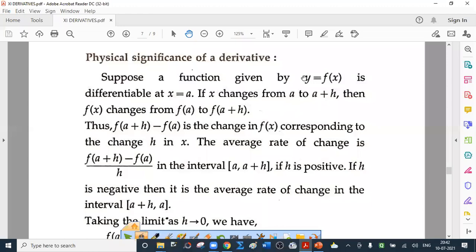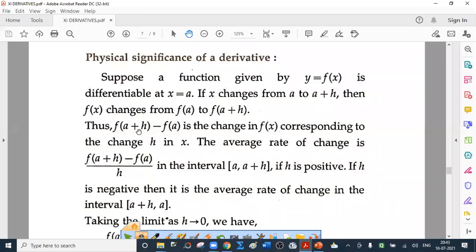Okay. See, what is the physical significance of the derivative? Suppose a function given by y equal to f(x) is differentiable at x equal to a. If x changes from a to a plus h, then f(x) will change from f(a) to f(a plus h).